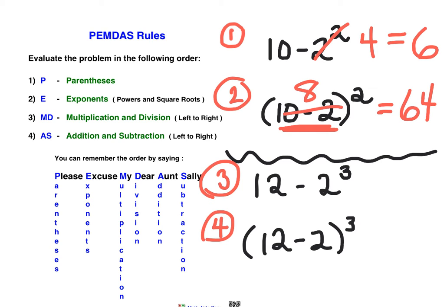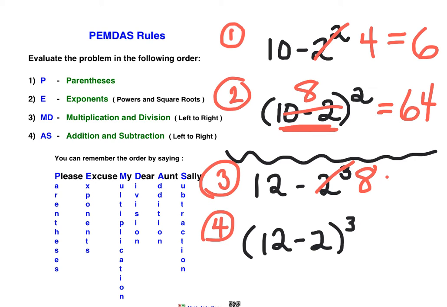Parentheses are very important. In number 3, we have 12 minus 2 to the third power. And in number 4, we have 12 minus 2 in parentheses raised to the third power. So in number 3, we're going to take care of the exponent first because there are no parentheses. 2 to the third power equals 8 because it is 2 times 2 times 2.